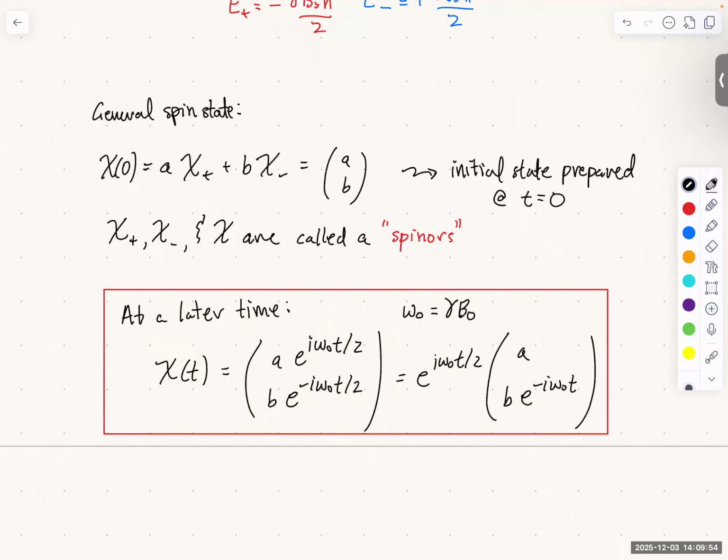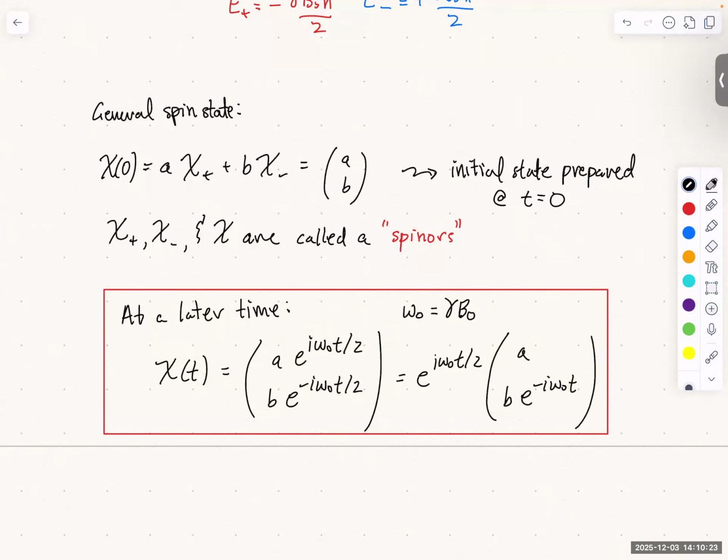This little prefactor out front is not going to matter generally, because if I calculate some kind of expectation value, it's going to involve chi times its conjugate, and that's going to cancel this little phase factor. And what we get is one state that is stable, and then the other one that has its phase evolving, and it's rotating at a frequency omega naught.